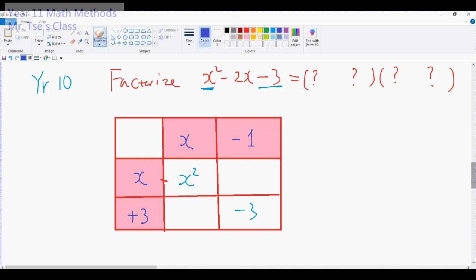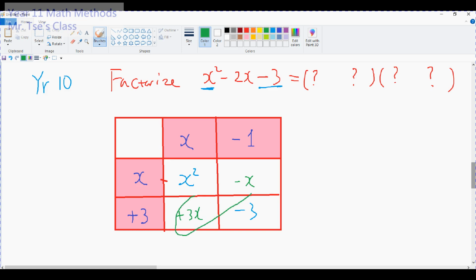So if you have minus 1 here and you times x, then you will have, let me use another color, minus x, and minus x times plus 3, oh sorry, plus 3 times x, or x times plus 3. So that's plus 3x.